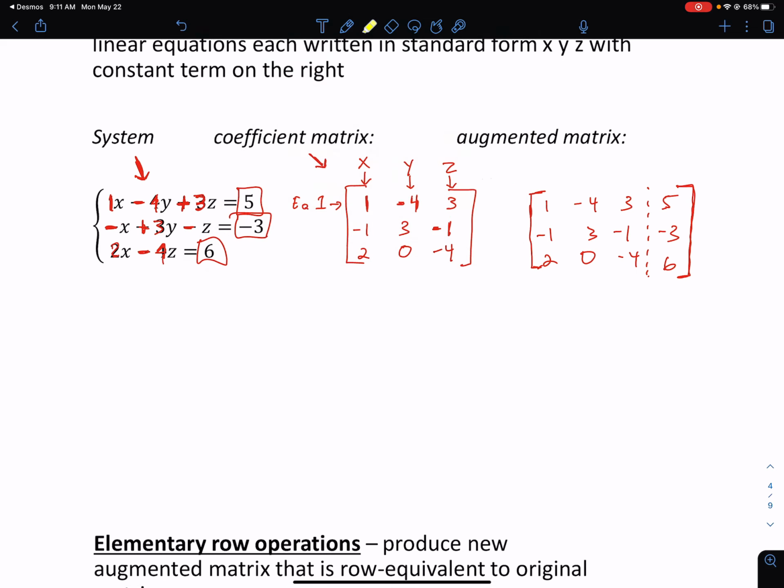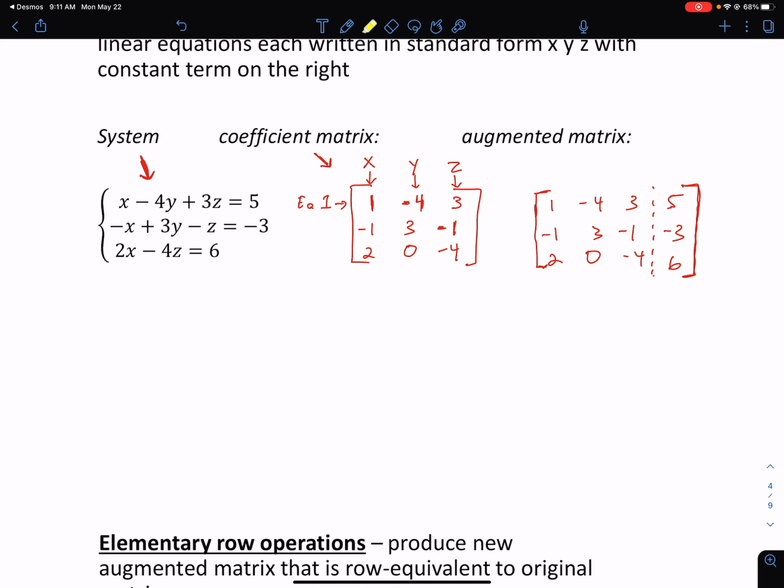Let's take a look at what is happening here. So let me erase all this red here. Let's look at equation 1 and compare that to our augmented matrix. We look at equation 1, that should match row 1 with those coefficients. And the dotted line is kind of like the equals, right? So that'll be true of all of these. That's an augmented matrix.